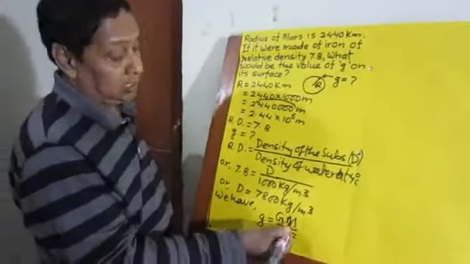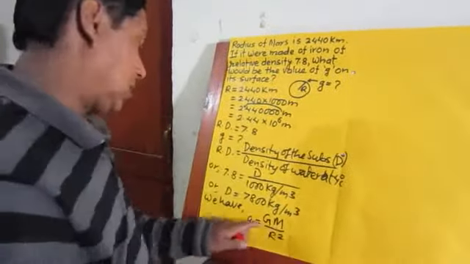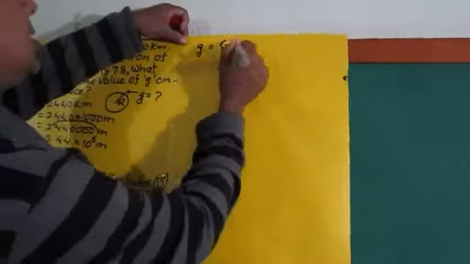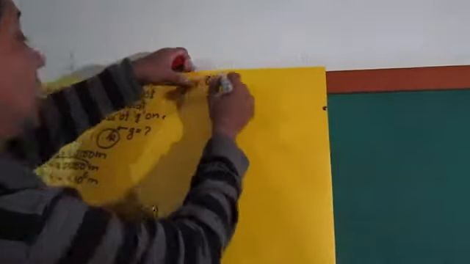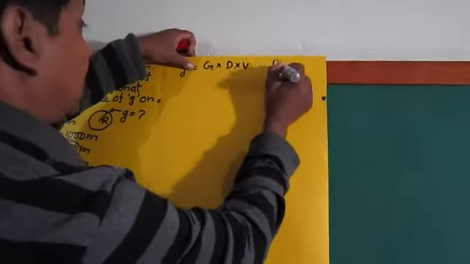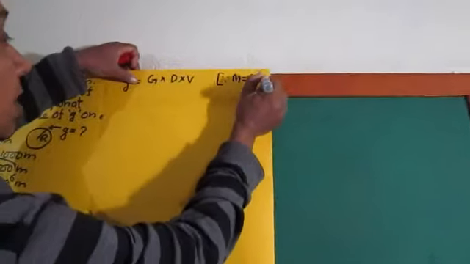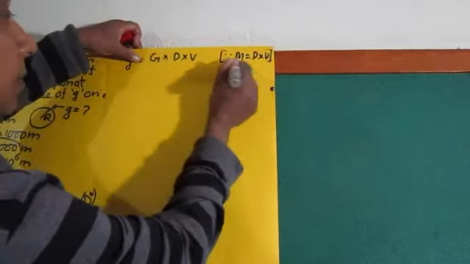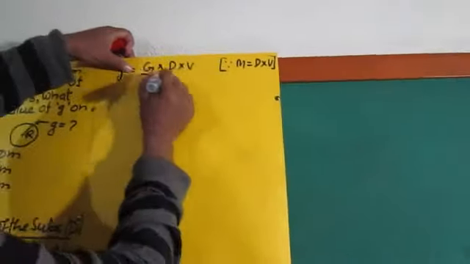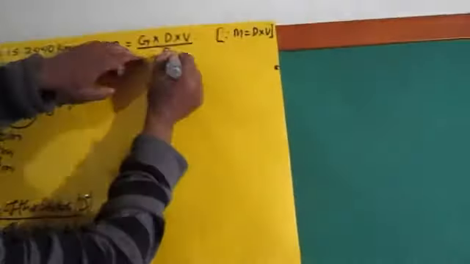So we can put it this way: G equal to capital G, and in place of mass, I can write density into volume, because we know that density equal to mass by volume, that's why mass equal to density into volume. And in the denominator we have the square of the radius.